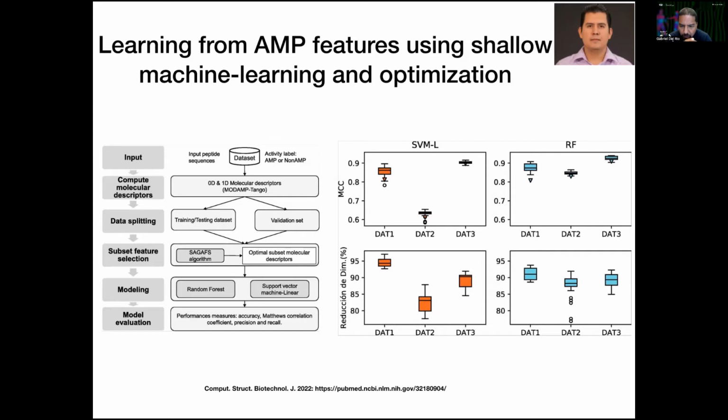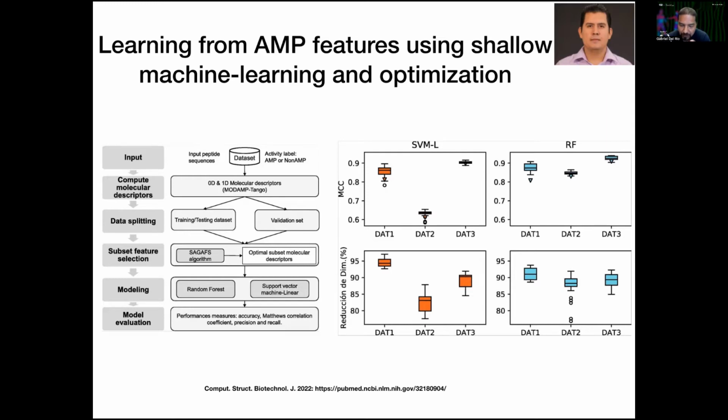What we were able to show is that with this machine learning based approach, we can train a machine that was able to learn from peptides to identify non-peptidic compounds that will have an antimicrobial activity.